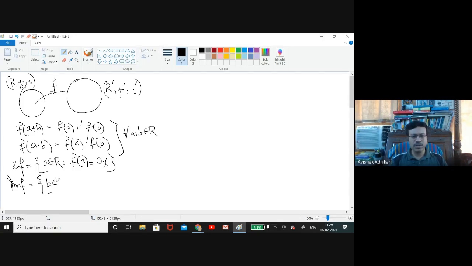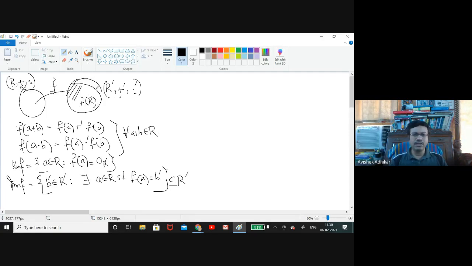All such b dashed belonging to R dashed such that there exists some a belonging to R such that f of a is equal to b dashed. That means all images. For example, if you have R here, then f of R. You can understand that this image of f must be a subset of R dashed. So image of f should look like this. This is nothing but the image of R under f.